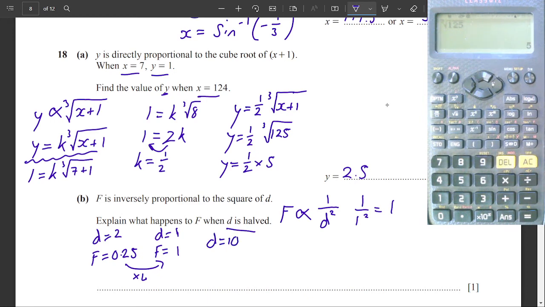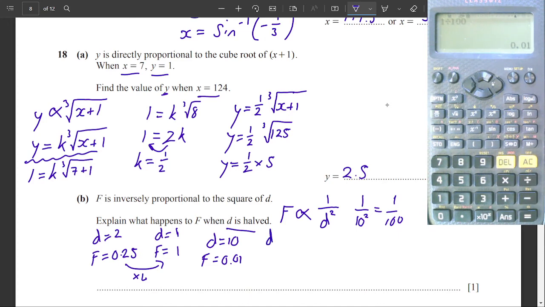D is 10. So that will give us 1 over 10 squared, so 1 over 100. 1 over 100 means f is 0.01. Don't believe me? Just check it. 0.01. So now we need to halve d.